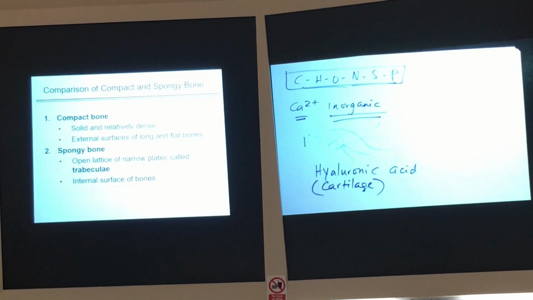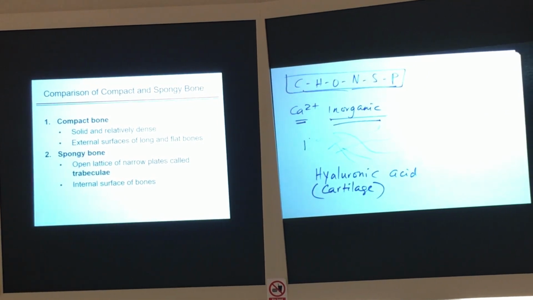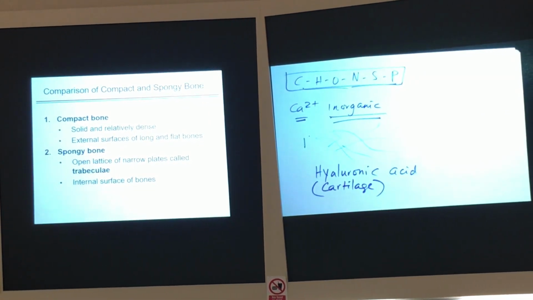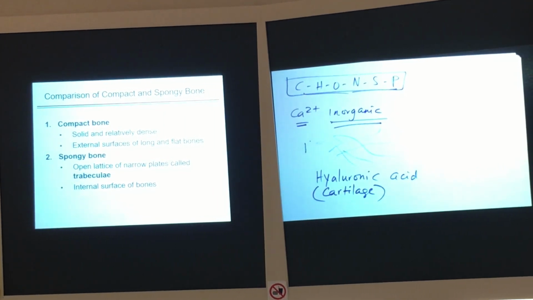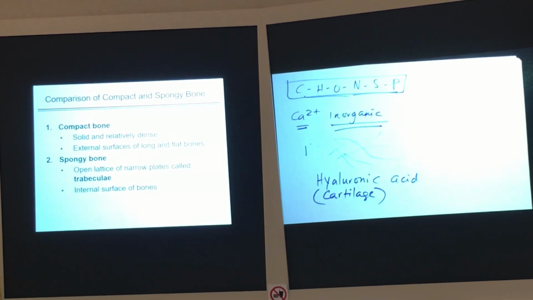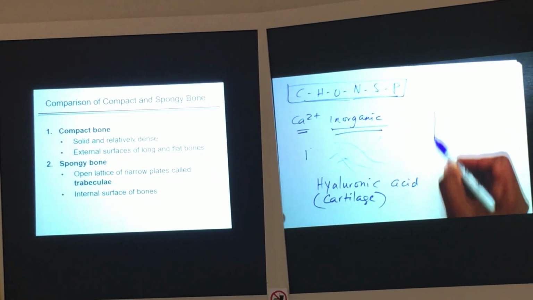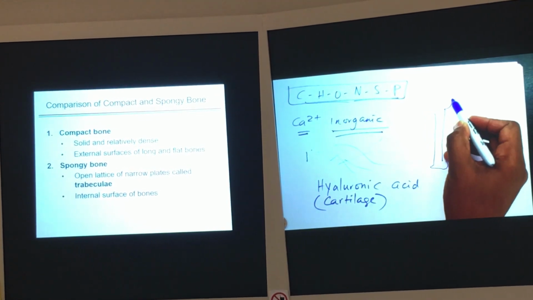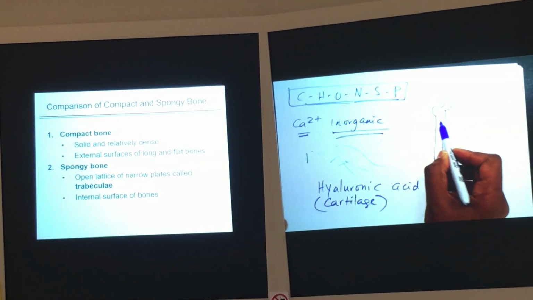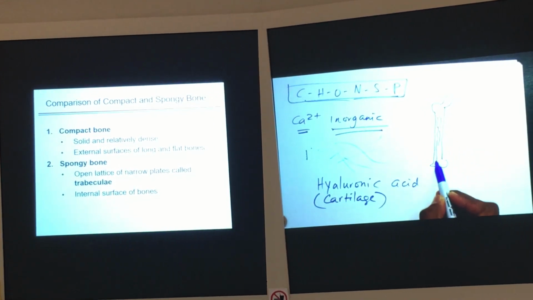Okay. So bone has two major components. One is it's solid and dense, but the middle part is spongy. So there is a compact bone and a spongy bone. This is with a trabeculae, that means you have the compact bone on the outside, and on the inside here you have the marrow cavity.